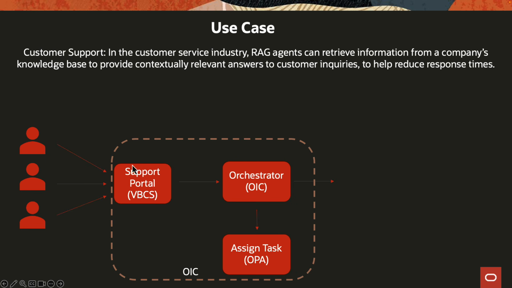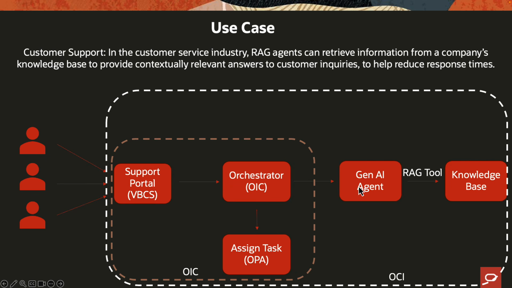Visual Builder Cloud Service is an application development tool for developing UIs. In this case, the support portal is something that I built in VBCS. OIC is going to act as the primary orchestrator, getting requests from VBCS, calling the agent, and returning back the answer, emailing it to the user, or deciding whether it needs to assign a task to the OPA.